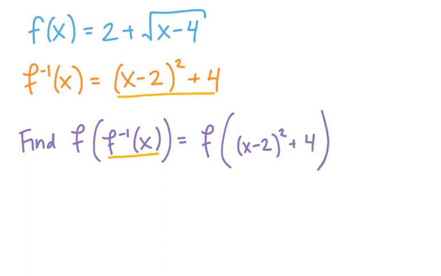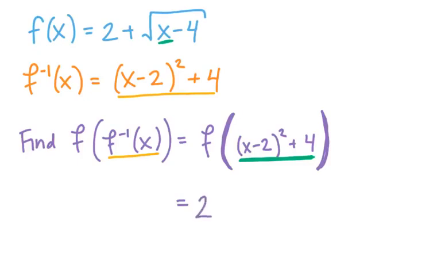So now really what we're doing, I'm writing these parentheses real big to remind us, is we're evaluating function f at the input of this x minus 2 quantity squared plus 4. So that means I run back up to function f, and anywhere I see an x, I'm going to input this whole quantity. So I'll go ahead and show some steps for that.